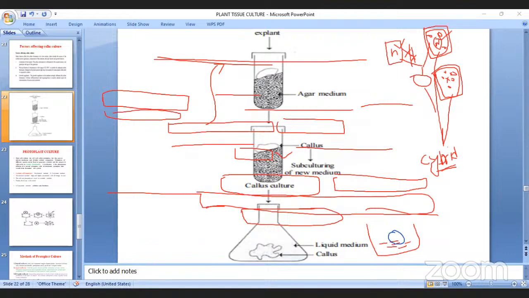If the normal cell is placed in hypertonic solution, meaning high concentration, tell me the simple one. First of all, this is a layer: W water, S sugar.